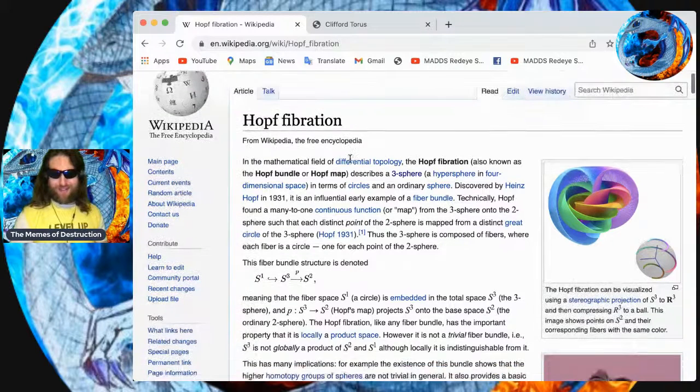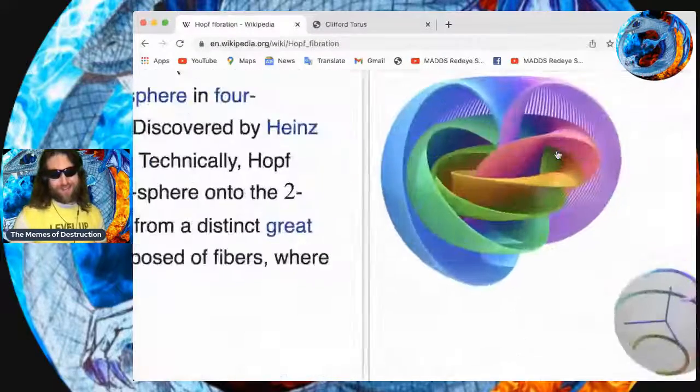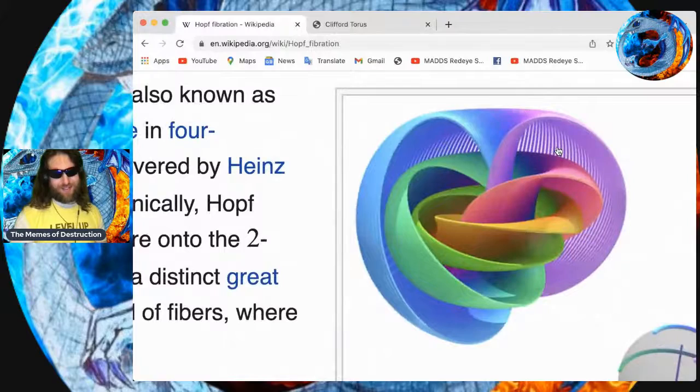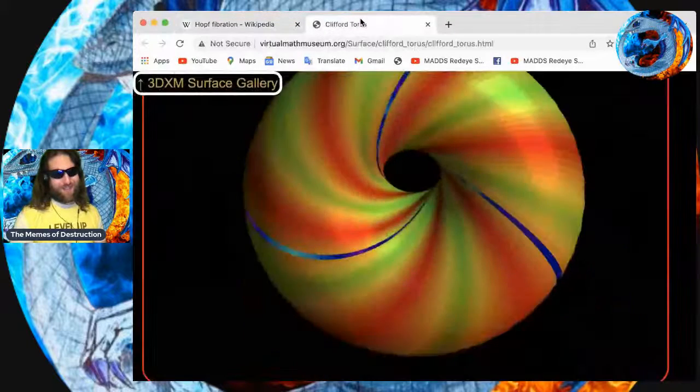But essentially, if you look at this rotation pattern, it's like, huh, seems kind of funky. Oh, wait, S2, or a two-sphere.